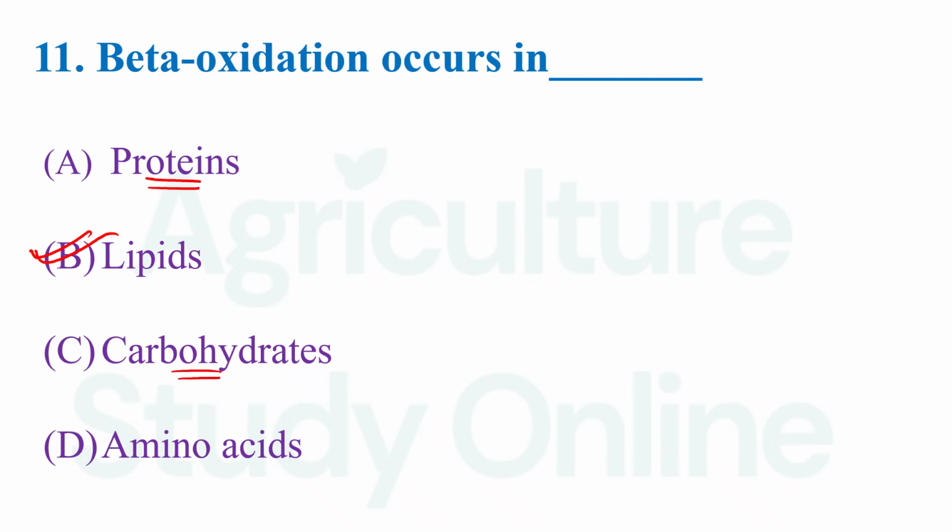So carbohydrates are broken down by the glycolysis process. And amino acids. So amino acids are metabolized by deamination, not by the beta oxidation process. So the correct option will be B, that is lipids.